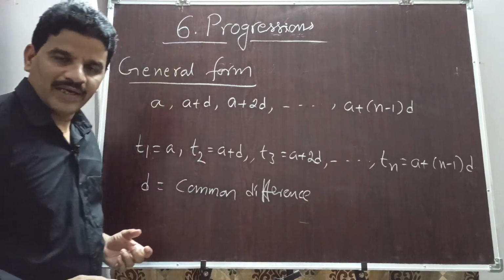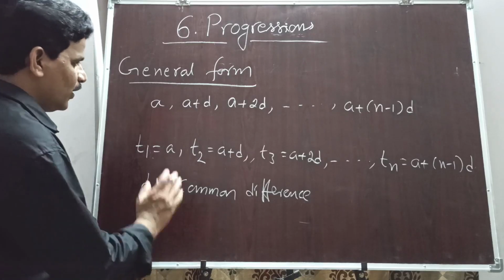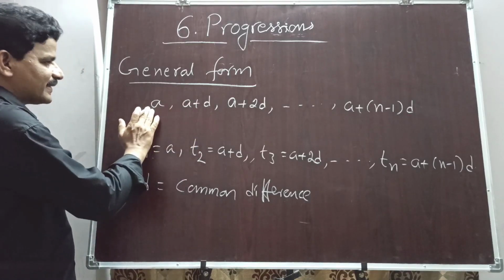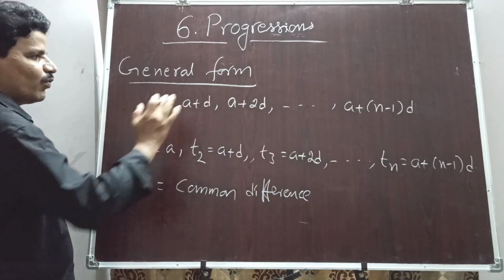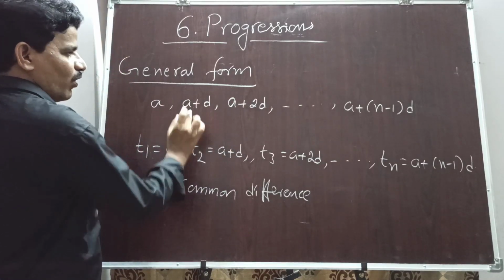Common difference. How to find the common difference in an arithmetic progression: a plus d minus a is what? d. Similarly, a plus 2d minus a plus d is d.